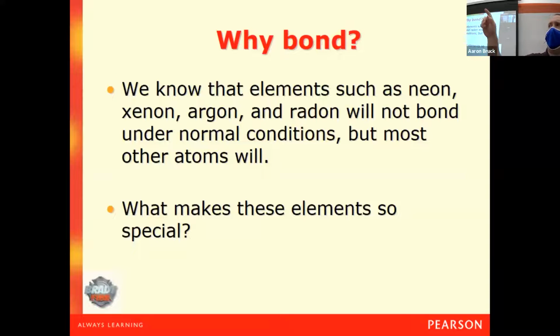Neon, argon, krypton, xenon, radon. For the most part, those elements on the back end of the periodic table do not bond. And when they do, they make compounds so unstable that basically they would give anything to go back to being noble gases without any attachments.